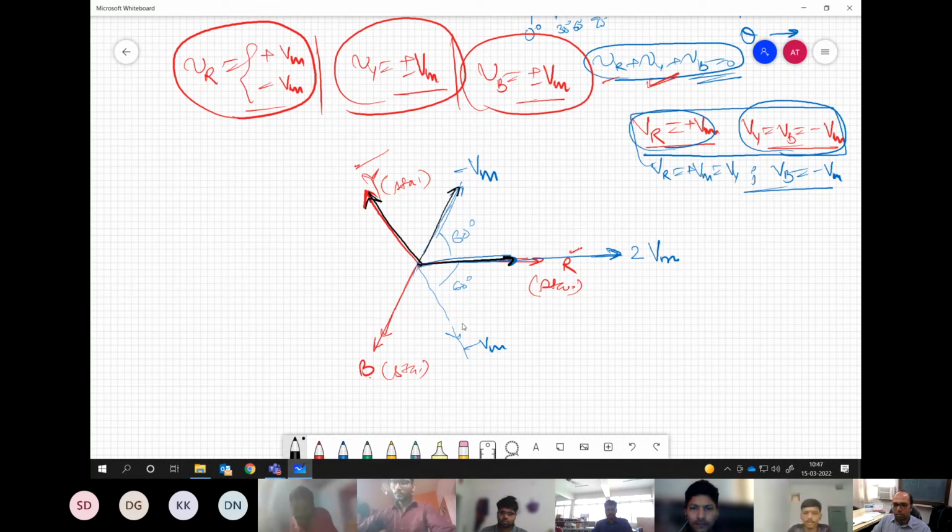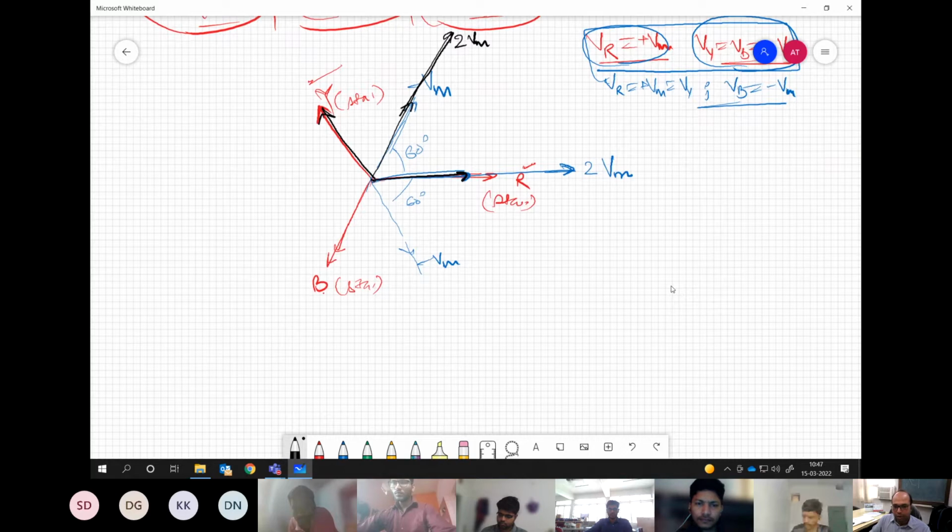It's 60 degrees ahead of the previous vector, correct? And the magnitude will remain the same, 2Vm. So how are you computing this? Either you do this by drawing, or you can compute it from this as well.